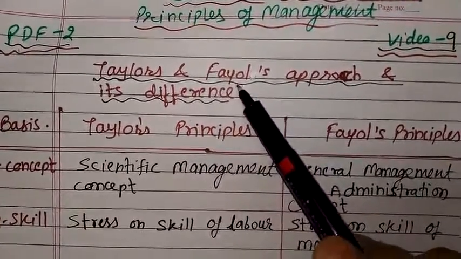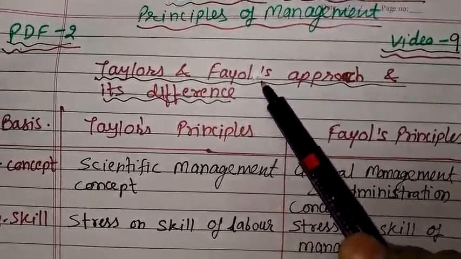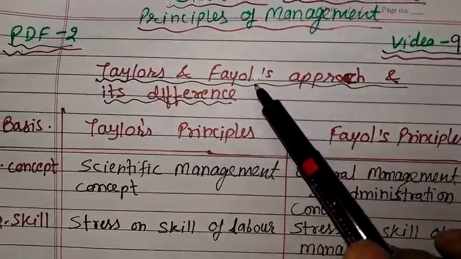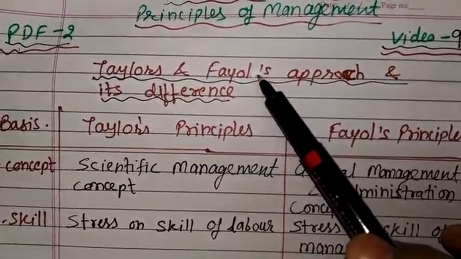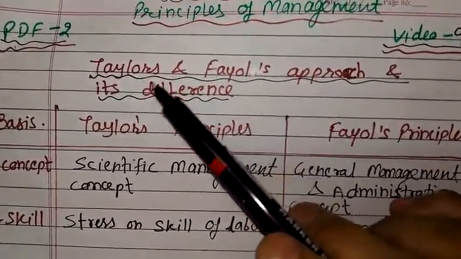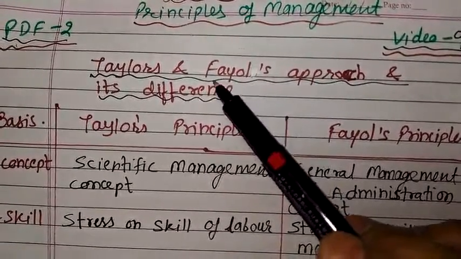The principles given by Henry Fayol are called the principles of general management and administration. I explained all 14 main principles given by Henry Fayol, and these are the principles of general management and administration.